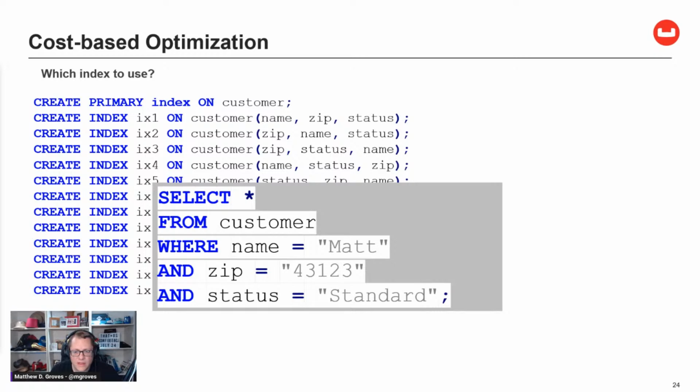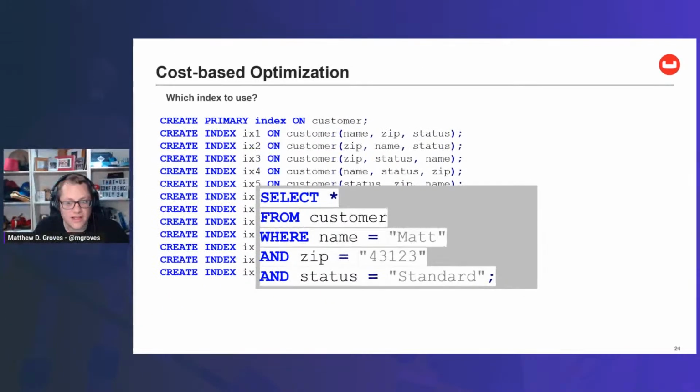And now with JSON data, it gets even crazier, because it's possible that the zip is a string in some documents, a number in other documents, and missing in another document. Now, hopefully you're not doing that. You don't want to build your data that way, but it is a technical possibility. So a cost-based optimizer has to take that into account.